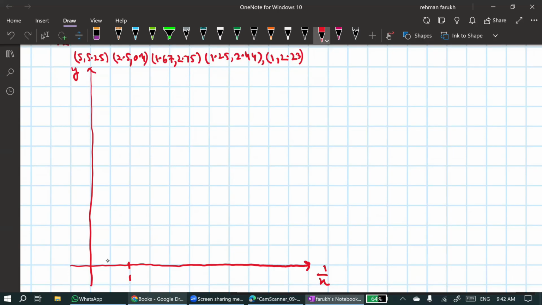1, 2, 3, 4, and 5. On the y-axis, up to 5.25, 1, 2, 3, 4, and 5.